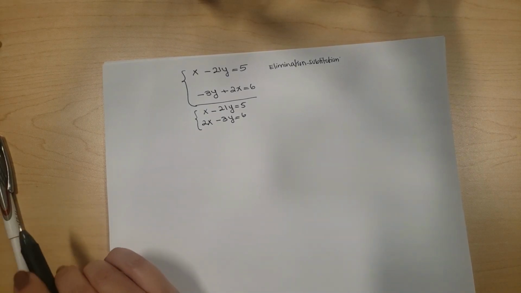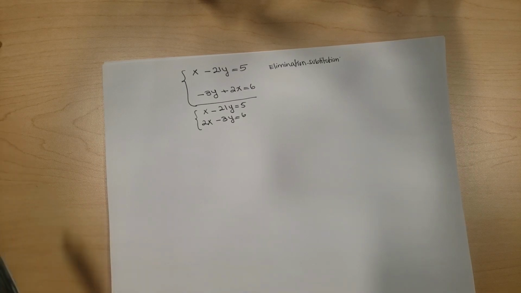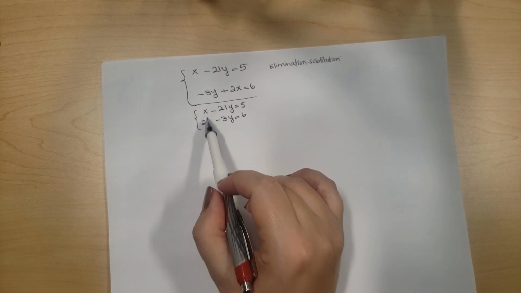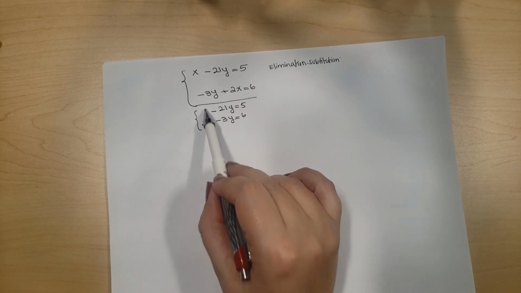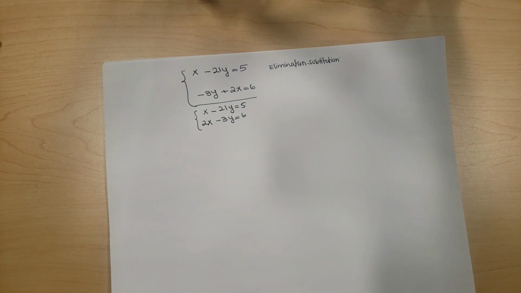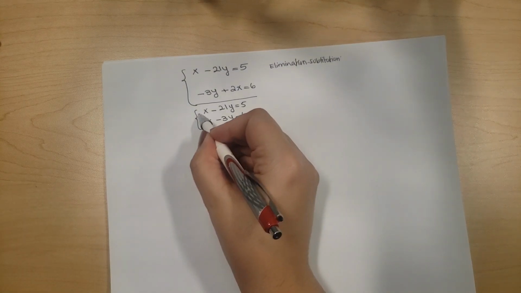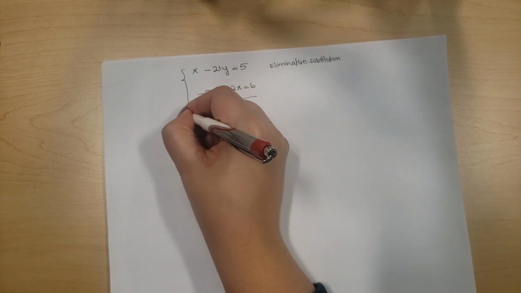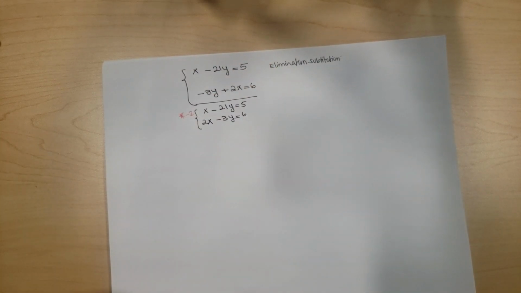As in my previous example, I will start by, let's say here, I cannot add them together in one step and get rid of one of the variables. So what I should do, maybe I start with multiplying the first equation by -2.